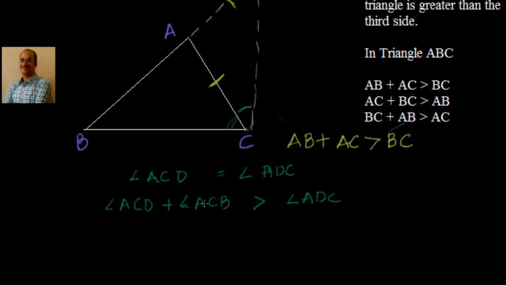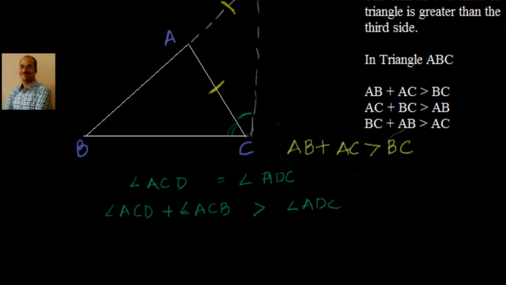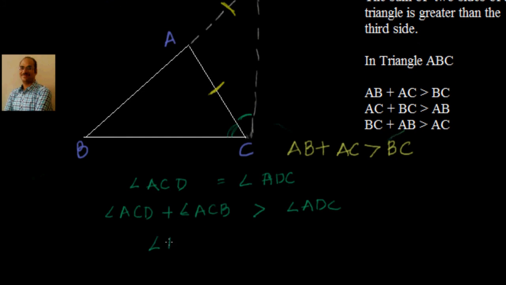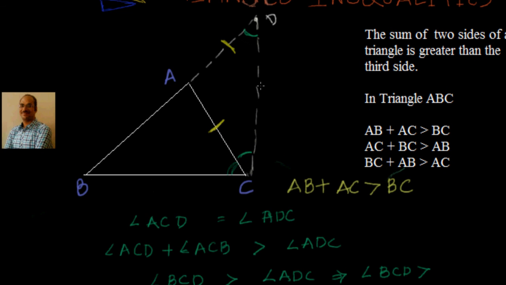But this ACD plus ACB is nothing but equal to BCD. So I will say angle BCD is greater than angle ADC. Angle ADC is nothing but equal to angle BDC. So I will say angle BDC.